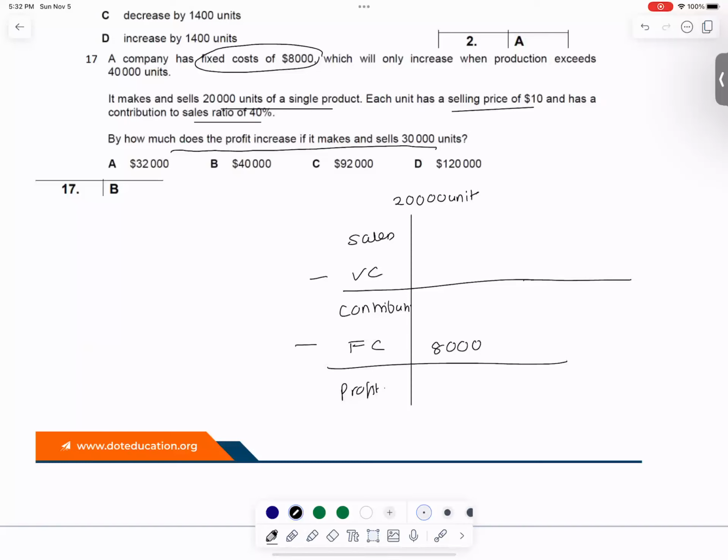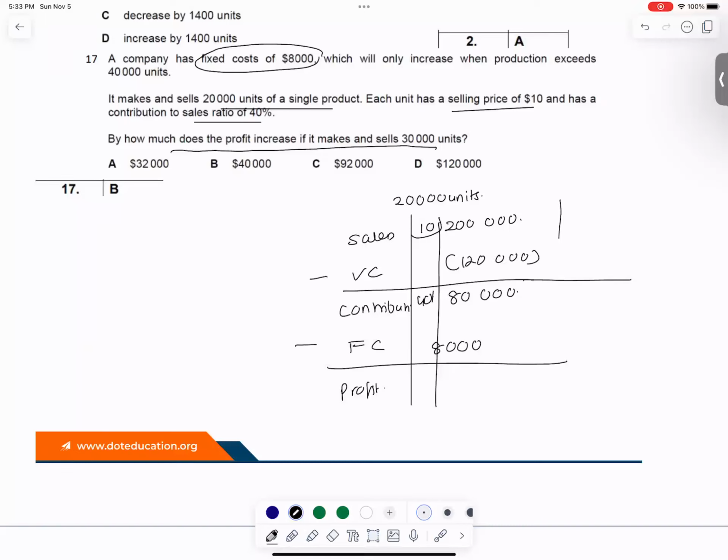My contribution to sales ratio is 40%. The selling price is 10, so sales is 10 into 20,000, which is 200,000. Contribution will be 40% of it, which is 80,000. So profit will be 80,000 minus 8,000, which is 72,000.